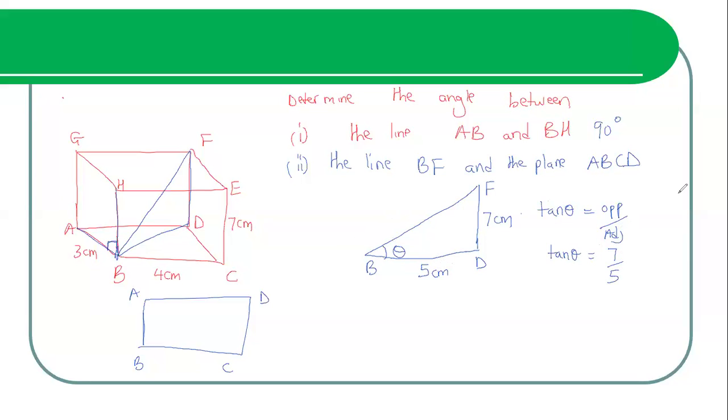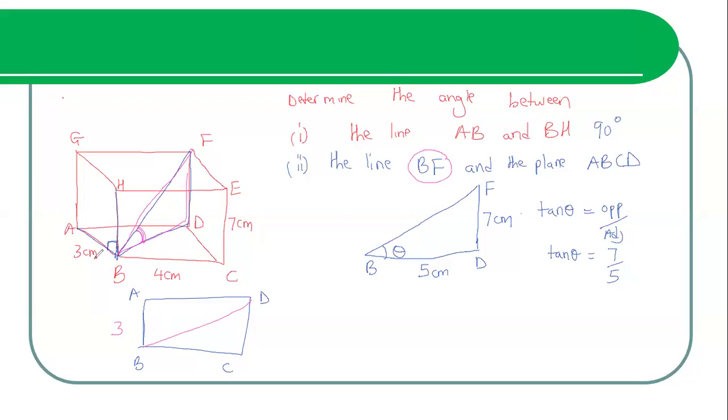Yes, so like Jali Max has told us, always first find out BF, join it, B to F, and the plane ABCD. The plane ABCD is this flat surface. To get the angle you are yearning for, you need to have B to D. When you look at your triangle, A to B here is 3.